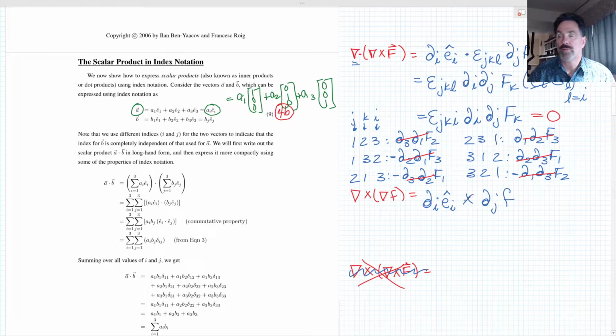All right, so looking at this then, I have the cross product, which I know is going to be an epsilon i, j, k of the first thing here, which is partial i, e_i hat, and then the second thing, which is this partial j, f, and then I have an e_k.